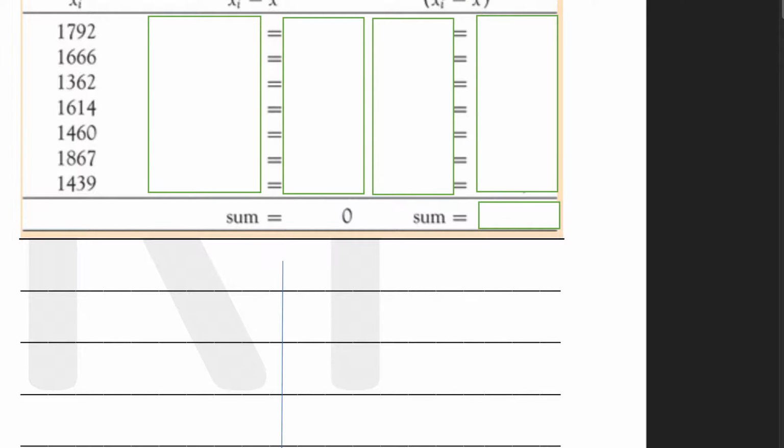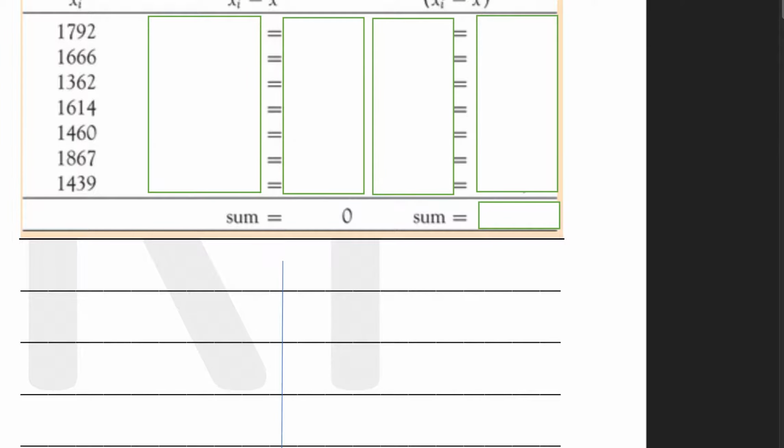So let's look at this other data. Let's say these are some measurements given to you for 7 different individuals: 1, 2, 3, 4, 5, 6, 7. So 7 different data points you have.